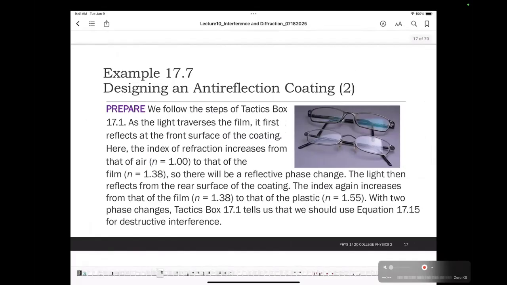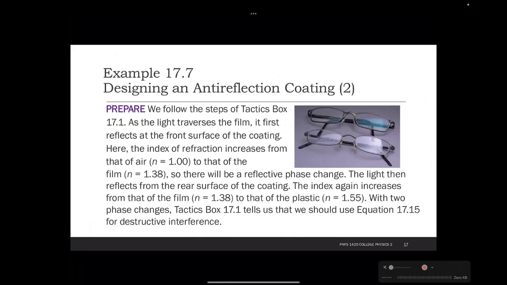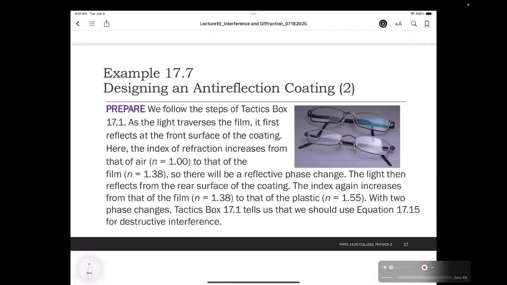As the light traverses the film, it first reflects at the front surface of the coating. Here, the index of refraction increases from air to 1.38. So there will be a reflective phase change. The light then reflects from the rear surface of the coating.